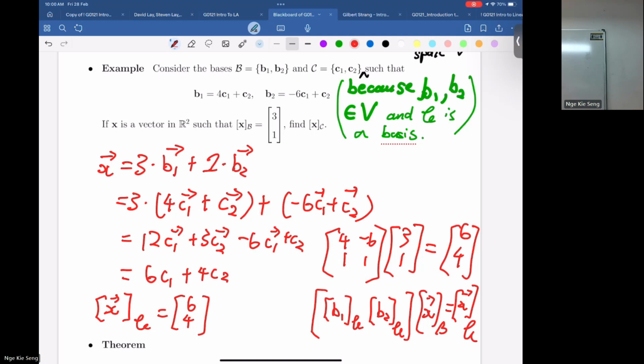So this is the matrix you want. To know how to go from a coordinate vector in B to a coordinate vector in C, you need to know how the basis B looks in C. Later we'll see a general form. And let's break until 10:10.